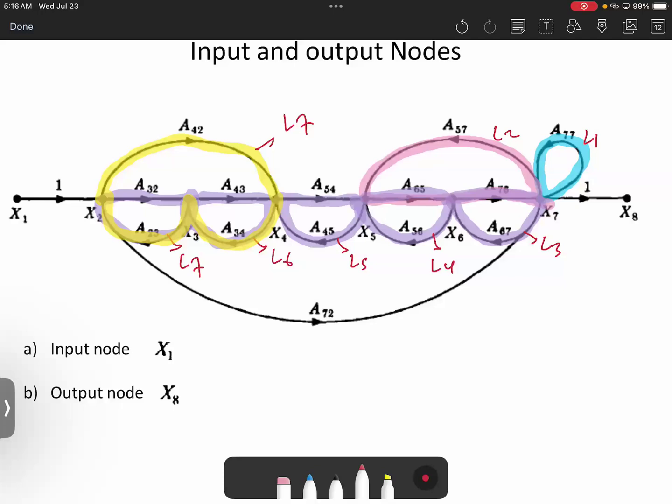Then how about going from X5 to X6, back to X5? We already have this loop. X4 to X5, no. X4 to X6. So far, we have 7 loops. Yes, 8. There should be an 8th one. Where is the 8? Number 8. Oh, yep. That's it. Yeah, I miscounted them.